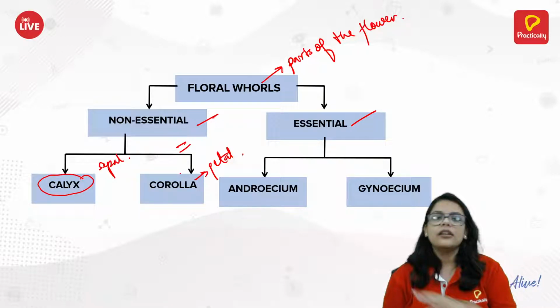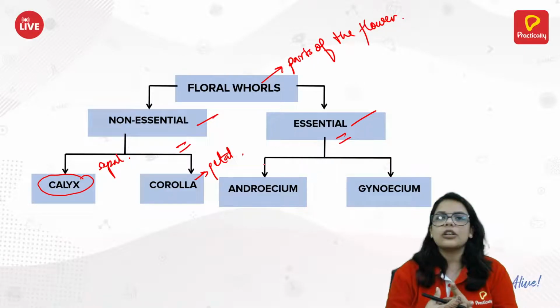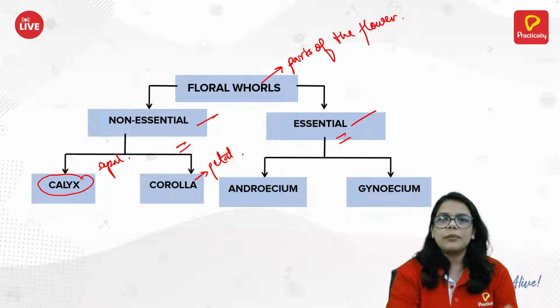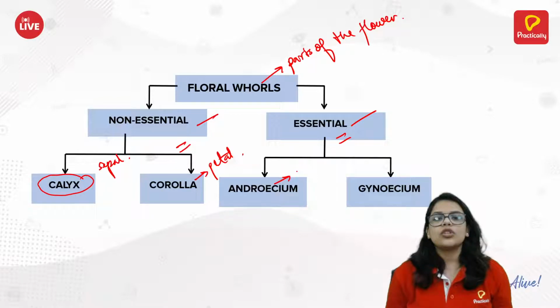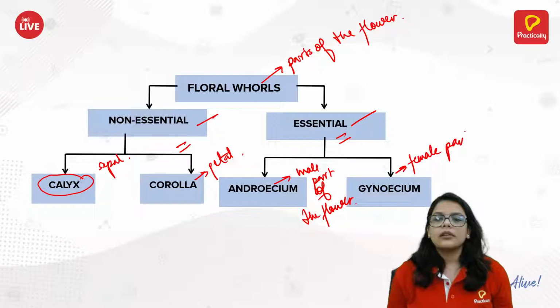Then there is the essential part. Why is it essential? Because sexual reproduction needs a female gamete and a male gamete. That is given by the female part of the flower and the male part of the flower. Androecium is the male part of the flower, and gynoecium is the female part of the flower.